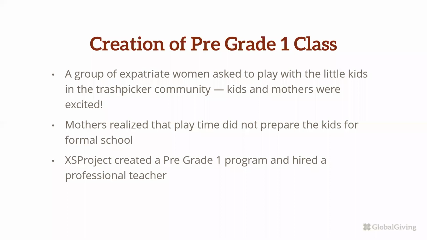When we started 6 years ago, these kids, who are now in grade 5, continue to be more intellectually ready, and they're easy to handle compared to other children that did not get a chance to have the pre-grade 1 class that we created.